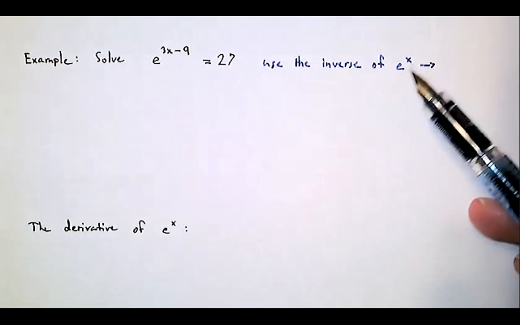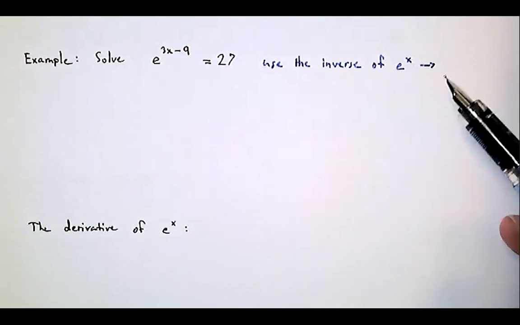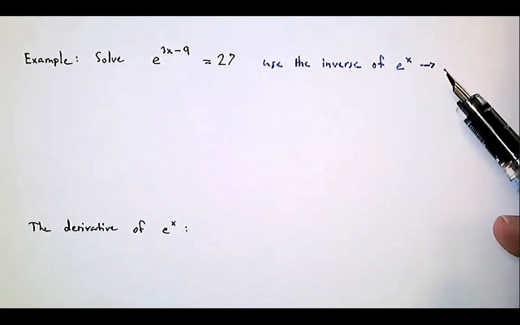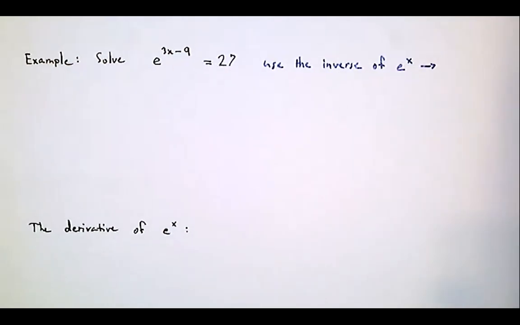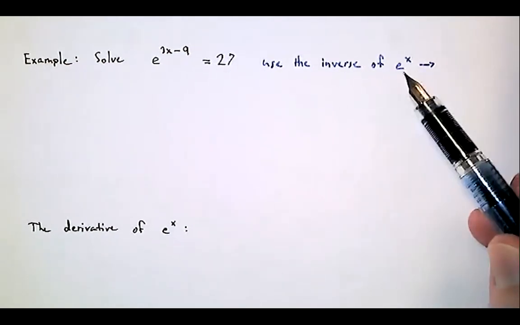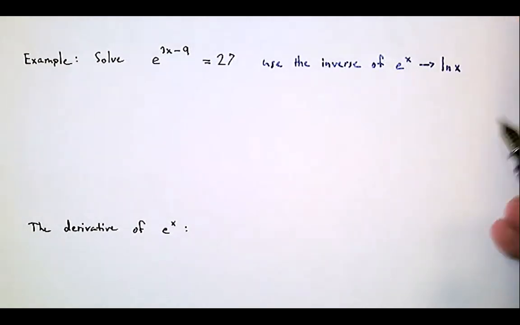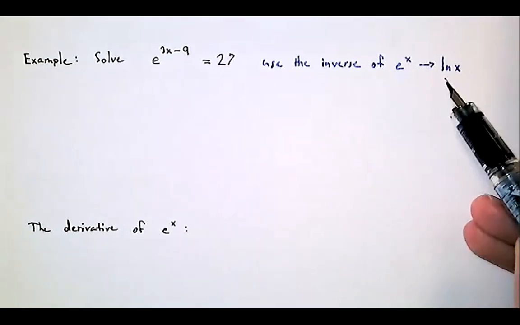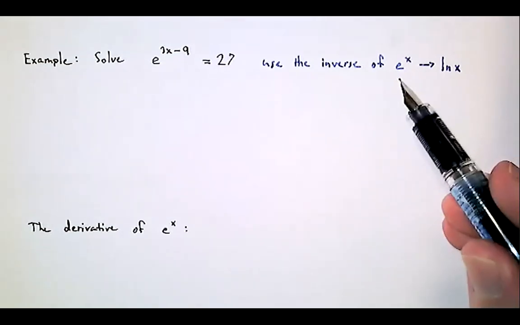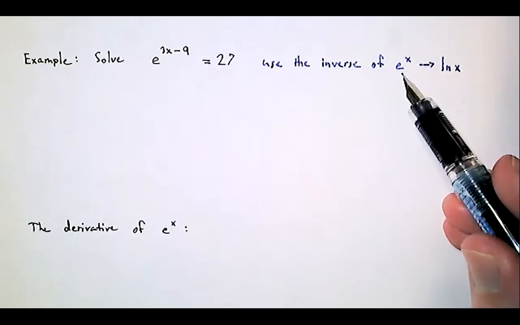So e to the x, we defined it to be the inverse of the natural logarithm, but the opposite also works. The inverse of e to the x is the natural logarithm. So this is the inverse of that, and that is the inverse of this.